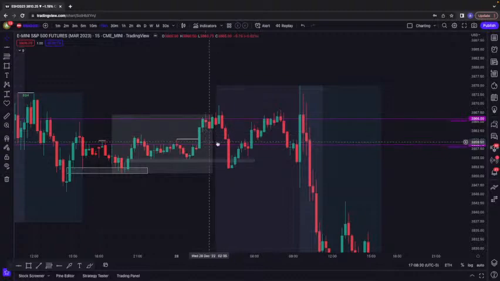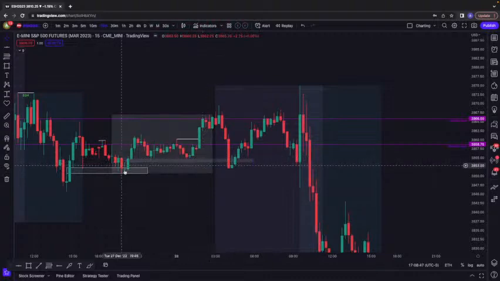So I see it coming down here, and I'm like, okay, maybe it wants to take out these equal lows right here. So I think that it's going to get into this, take these out, and get into this order block right here. So I set my stop at the bottom of the candle body.